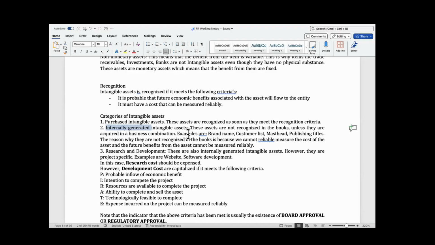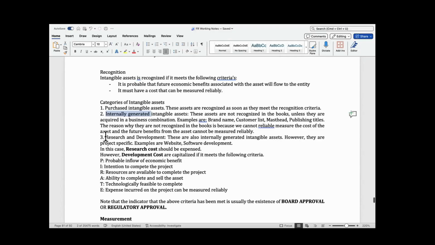So that is where you find items like brand name and customer list being recognized in the consolidated financial statement. Then we also looked at research and development, which are also internally generated intangible assets, except that they are project specific, which is why we're able to class the cost into research and development costs.